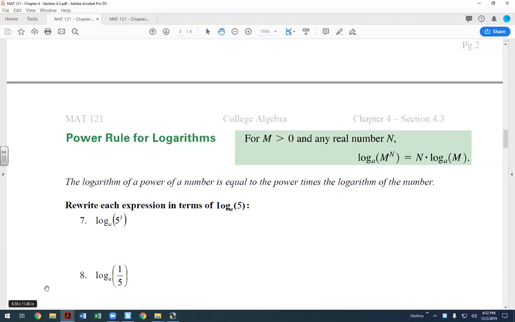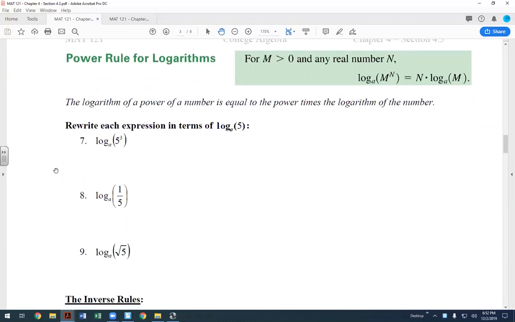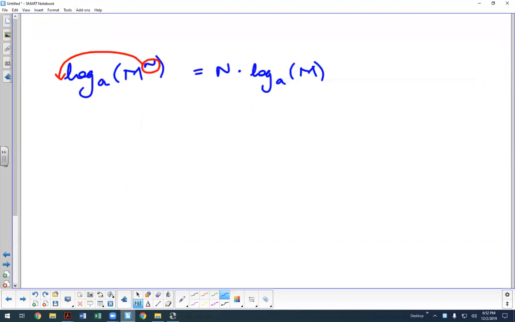Okay, so if you look at the examples we have here, they're asking us to rewrite each expression in terms of log of 5 with base a. So they're literally just asking us to clean this up where all of our logarithms are just going to be log of 5 with base a. So how can we rewrite these? This one, of course, is pretty simple. The first one, we've got log of 5 cubed with base a. So literally just using our power rule, we can take that number 3, our exponent, and bring it in front of our logarithm.